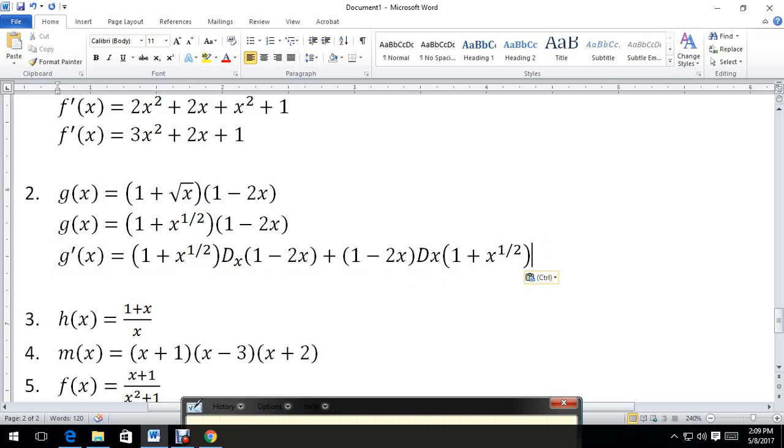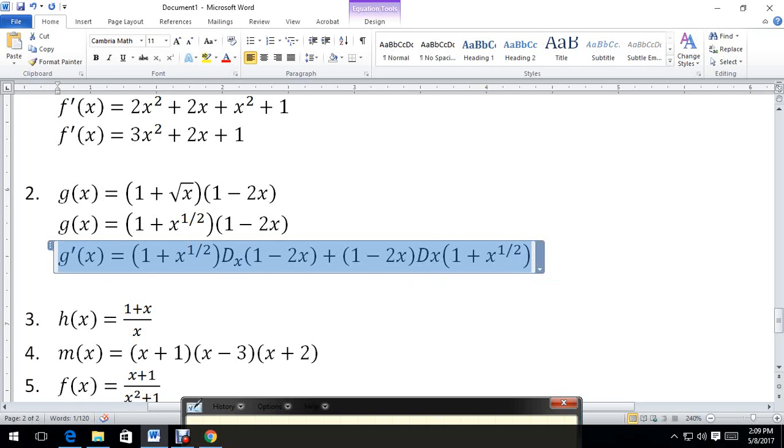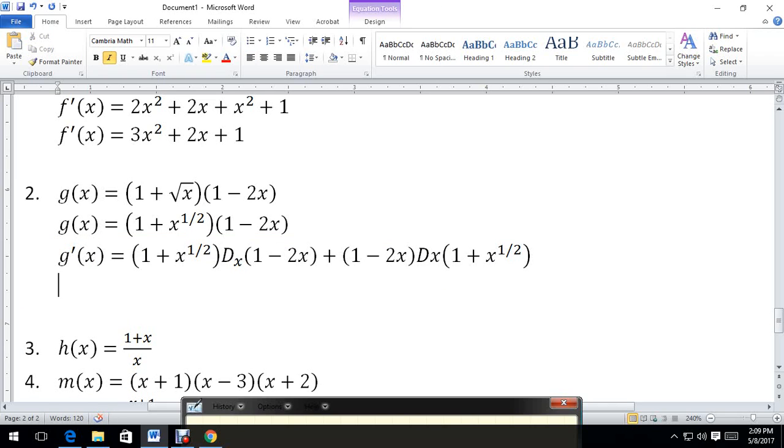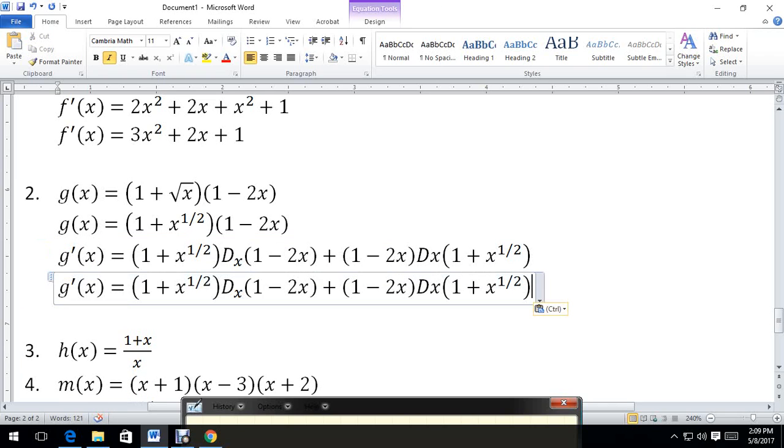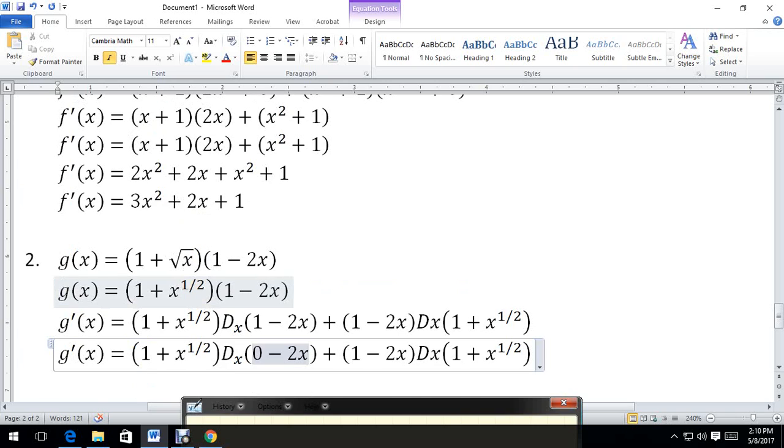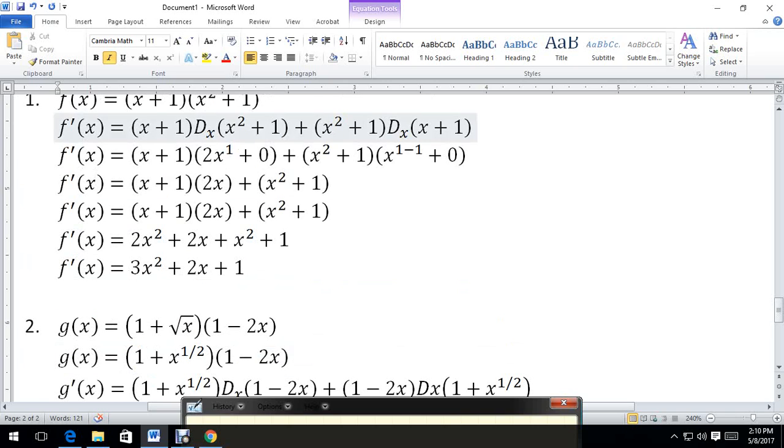Okay, so let's now perform the actual process of differentiation. What happens here is you have the derivative of 1 minus 2x, which is obviously the derivative of 1, which is 0, minus the derivative of 2x, which is equal to negative 2, since x becomes x raised to 1 minus 1, that would be equal to 0, just like what we have seen previously in the first example.